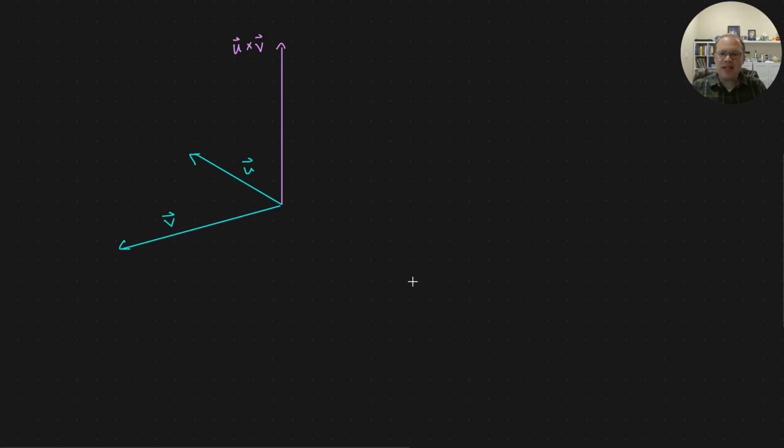Because if I take my right hand and wrap my fingers, imagine wrapping your fingers so it goes through this first vector first, and then your fingers go through the second vector. So my fingers will go this way.